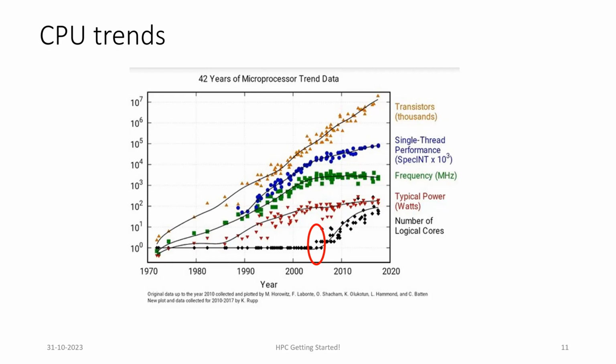This is what's called the power wall, because we were not able to dissipate the power generated effectively, leading to burning of chips.